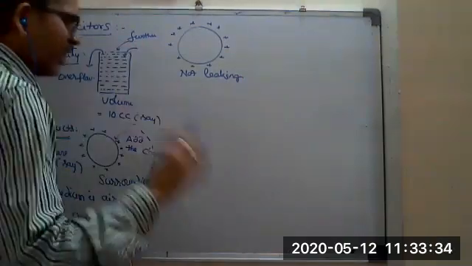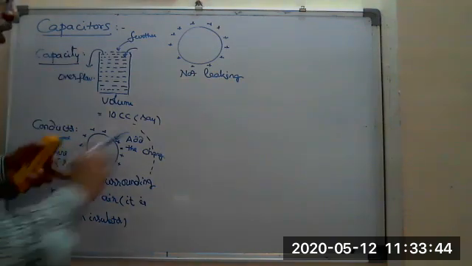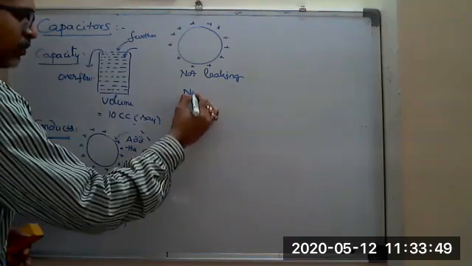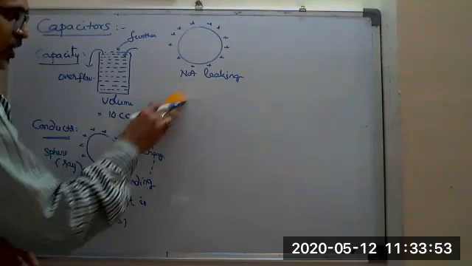Then we can ask, not leaking means, can we add any amount of charge to it, sir? Can we add an infinite amount of charge to a conductor? Then I say no, you can't add an infinite amount of charge.